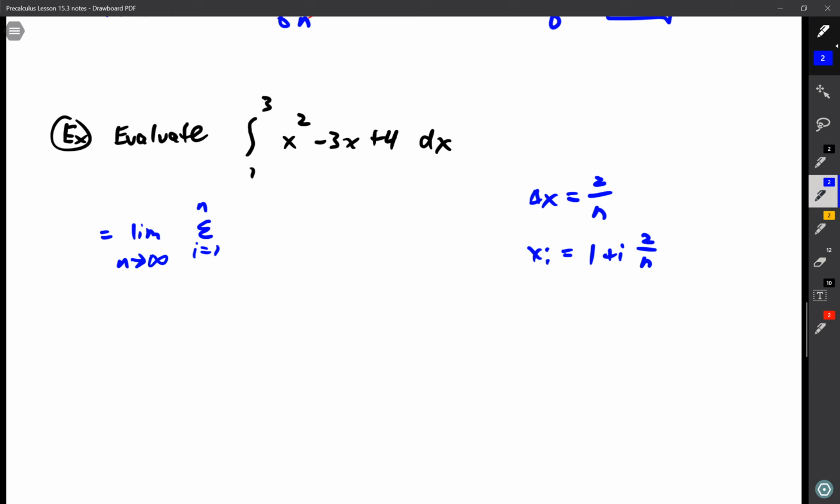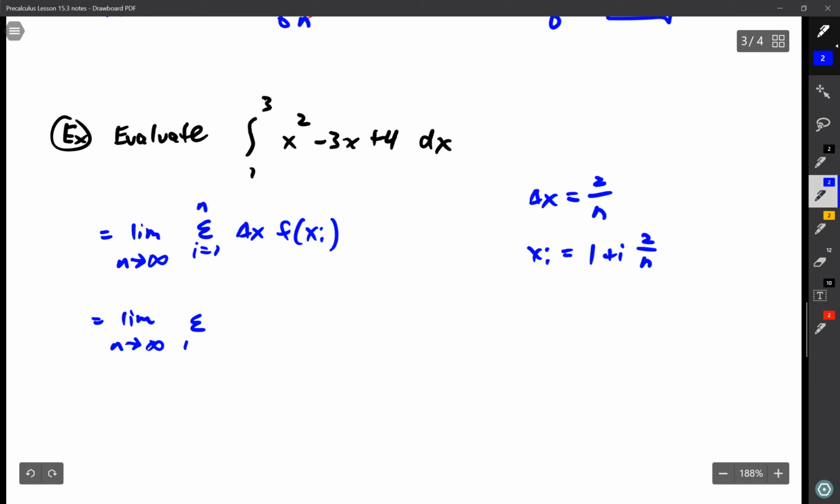So now we can plug in the sum of the width, delta x. I'm just going to write this first. Delta x, f of x sub i. So that's the limit as n approaches infinity of the sum from i equals 1 to n of, what's delta x?